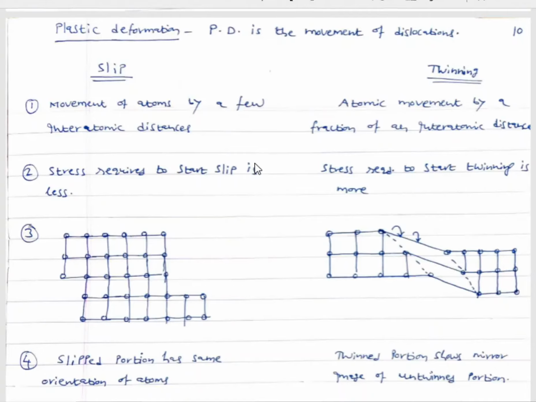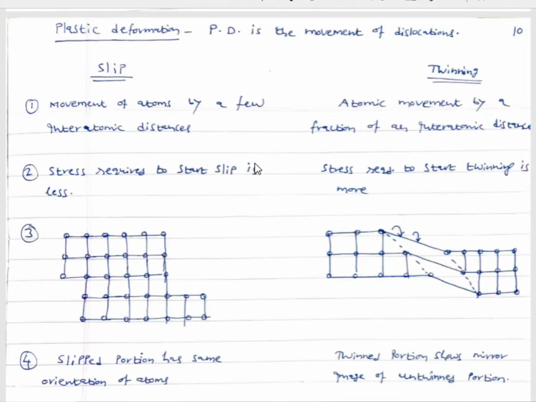In the presence of these imperfections or dislocations, the deformation becomes easy. So plastic deformation is the movement of dislocations, because it is easy to move the imperfect atoms or dislocated atoms rather than the atoms which are perfectly and regularly arranged in a systematic way.